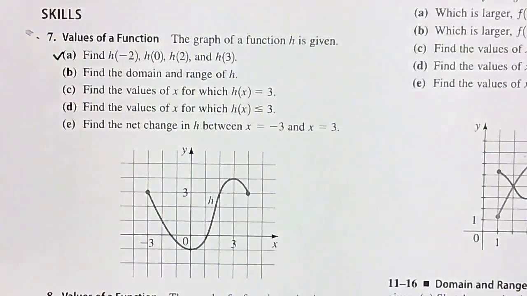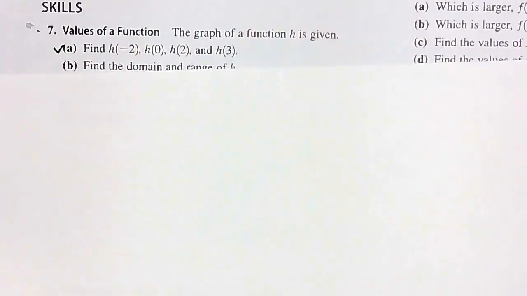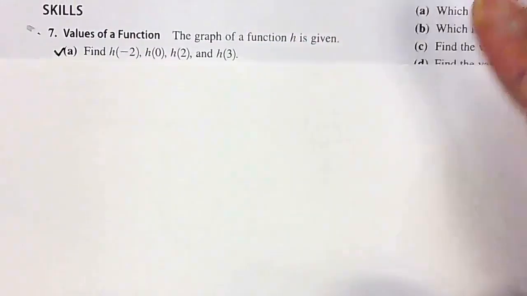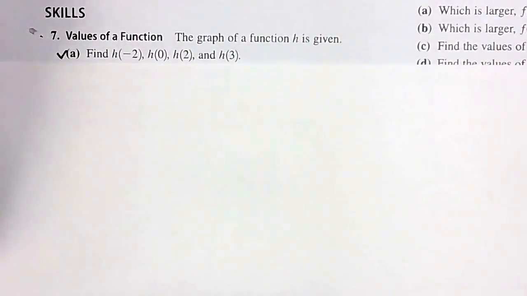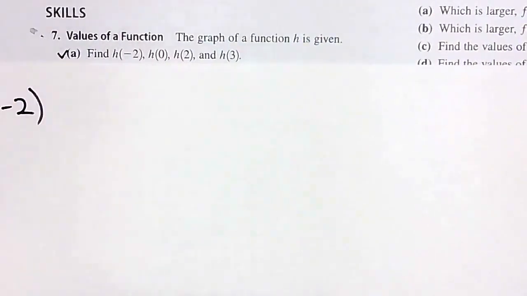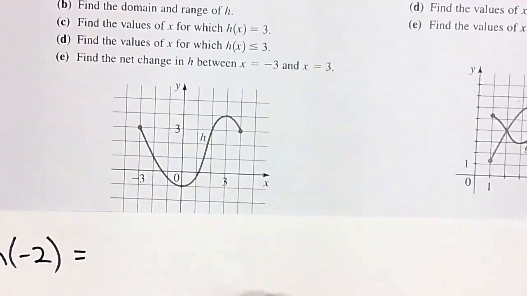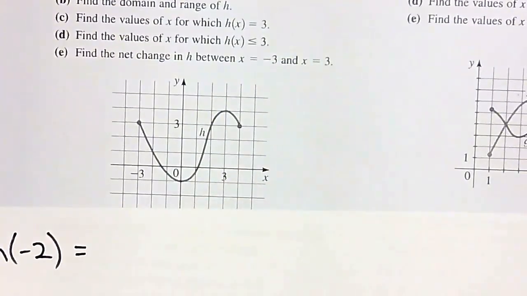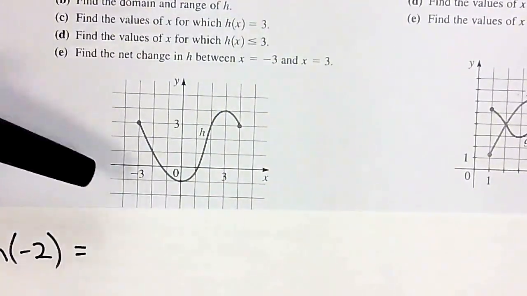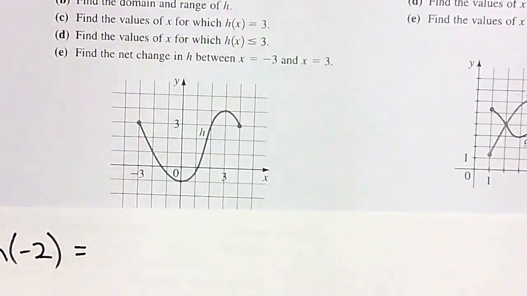So I'm just going to do one for reference. Okay. To find h of -2, all we're going to do, oh, from the graph, oh, that's what's different, huh? Because we got to do it from the graph, and 2.1 and 2.2 was from an equation.